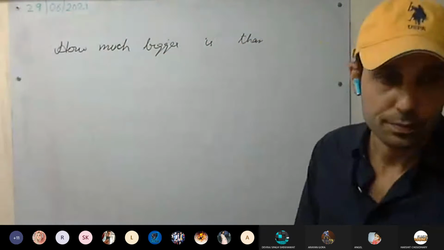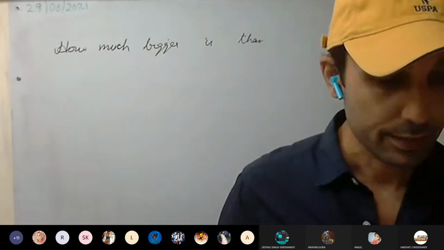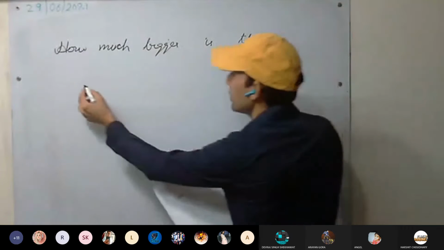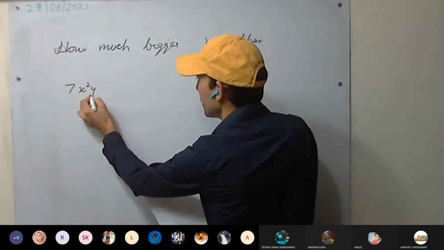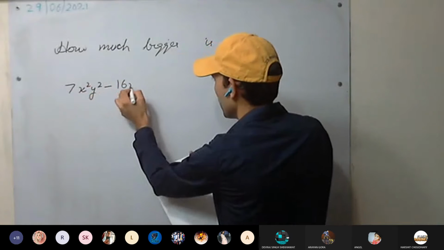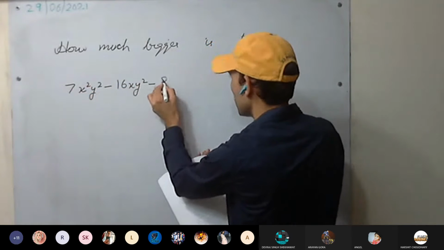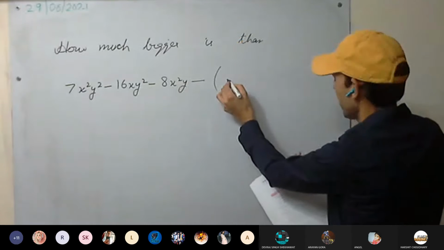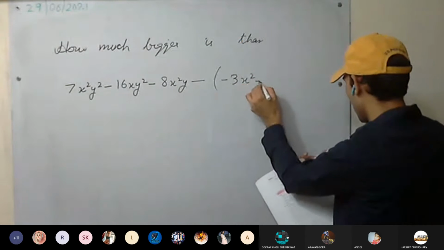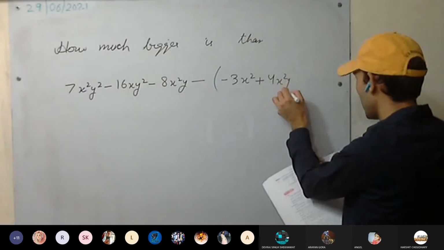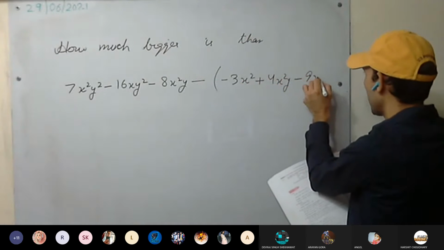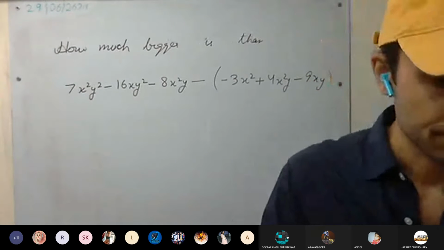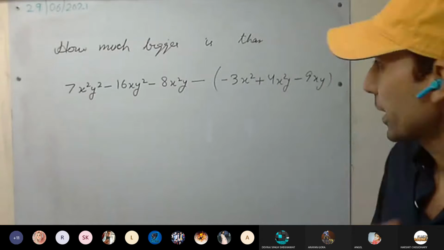Solve, everyone. So this time, from this, we are going to subtract minus 3x square plus 4x square y minus 9xy. Open the bracket and solve.